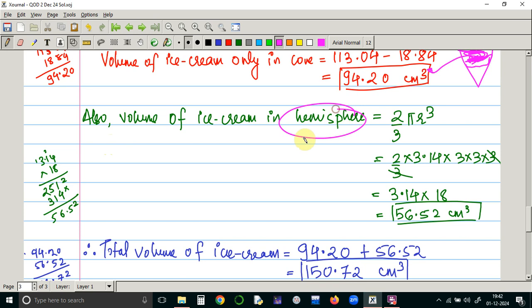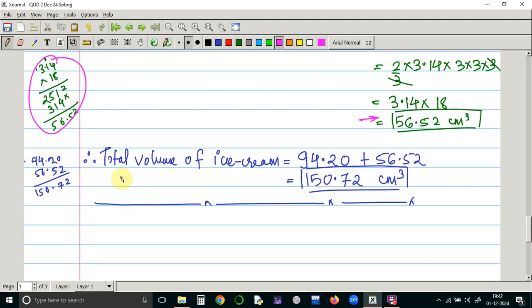It's a hemispherical shape, so the volume of it is 2/3 pi r cube. This is the calculation in front of you, and 314 into 18 is done over here. The answer is this. Then I simply add the volume of ice cream in the conical part plus in the hemispherical part. After adding, we get this. This is the rough work.